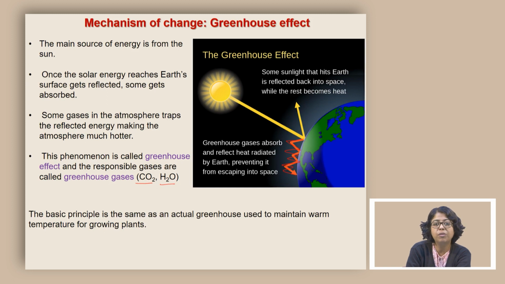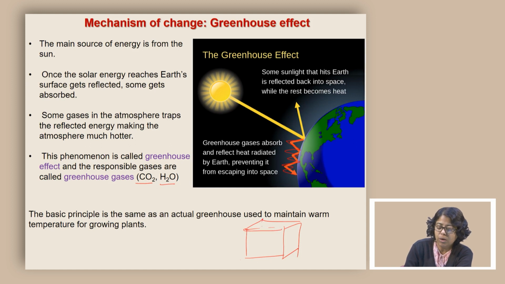dioxide, water vapor, methane. This principle has been adopted by people in the colder regions to grow vegetables, fruits and flowers. They construct a glass house, because glass also has this property where it traps the heat and does not let it go out.